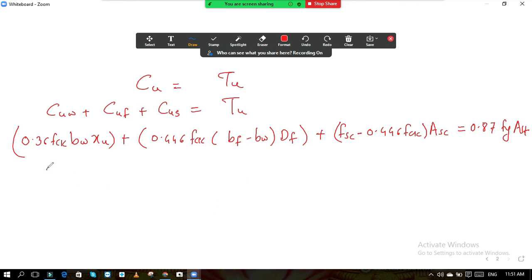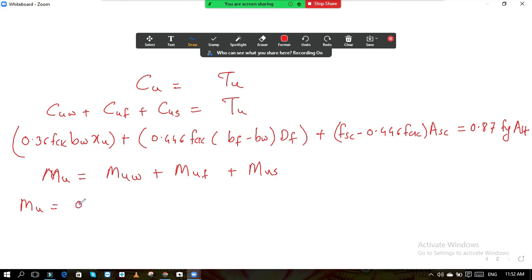Now to calculate the moment of resistance MU, MU will be MUW plus MUF plus MUS. You just need to multiply each force by its lever arm.